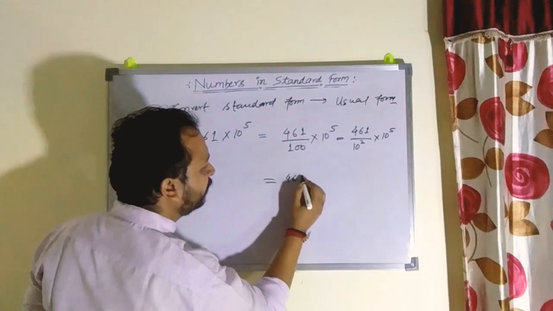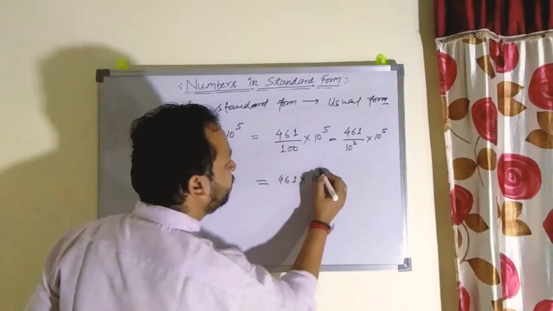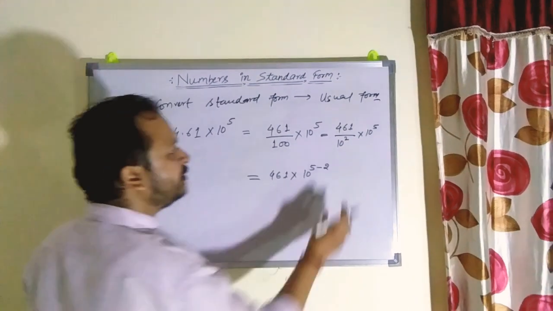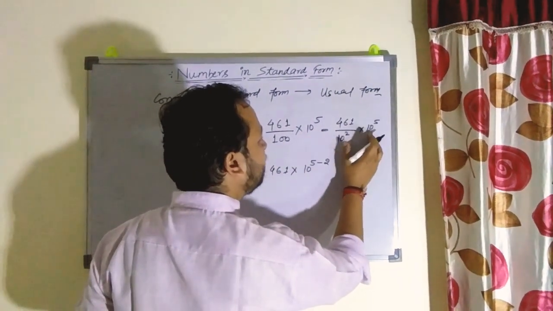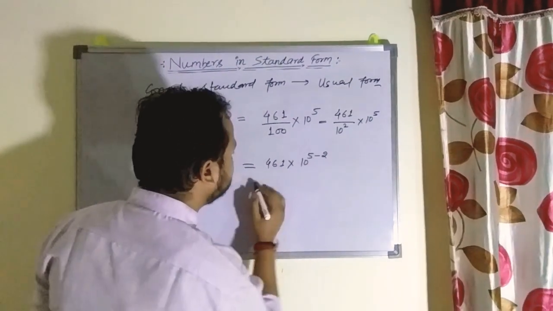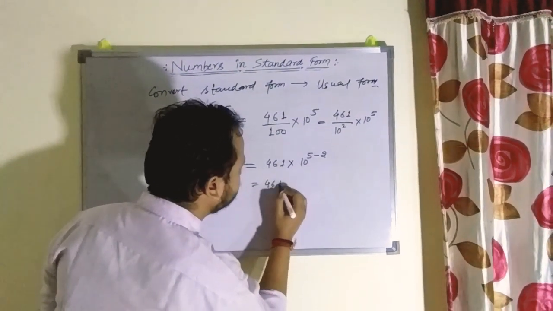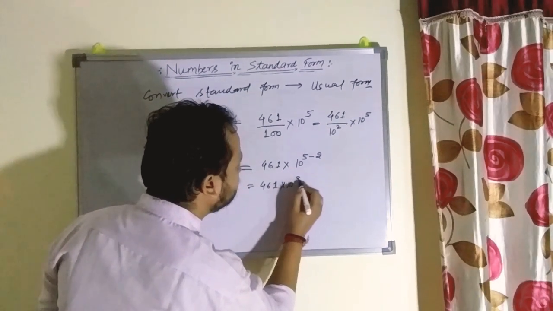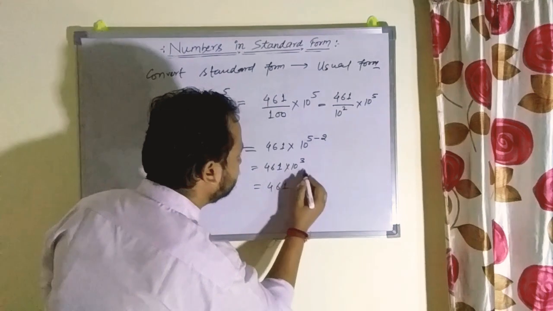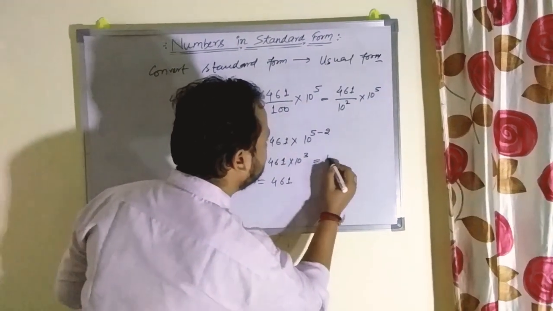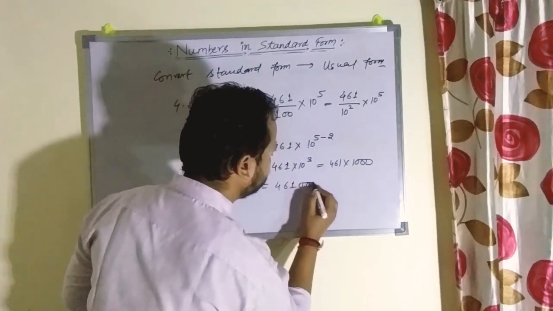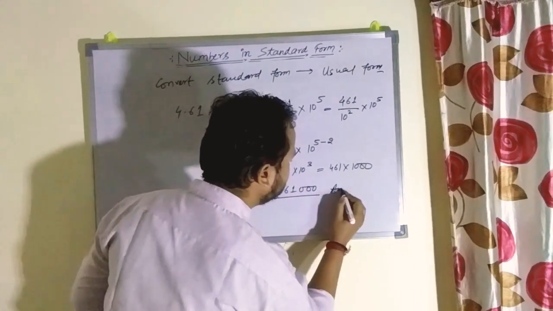So 461 multiplied by 10 to power 5 minus 2, because the bases are the same. So 461 into 10 to power 3, and 10 to power 3 means 461 multiplied by 1000.